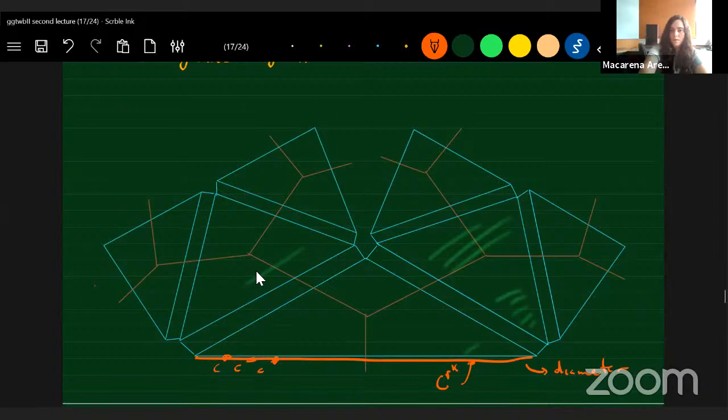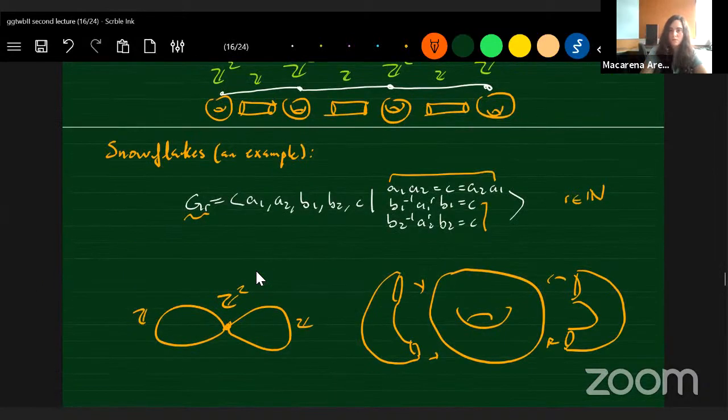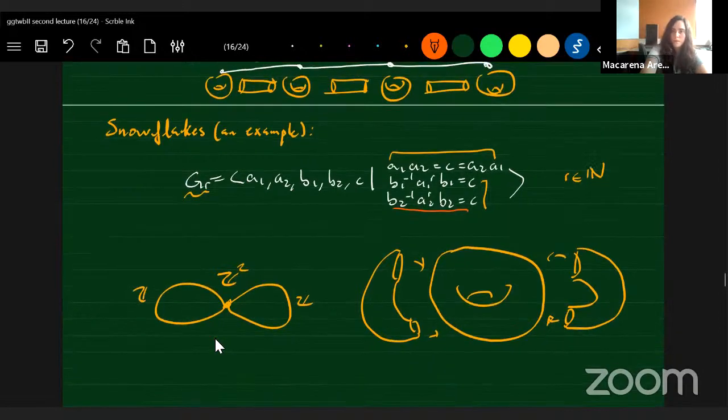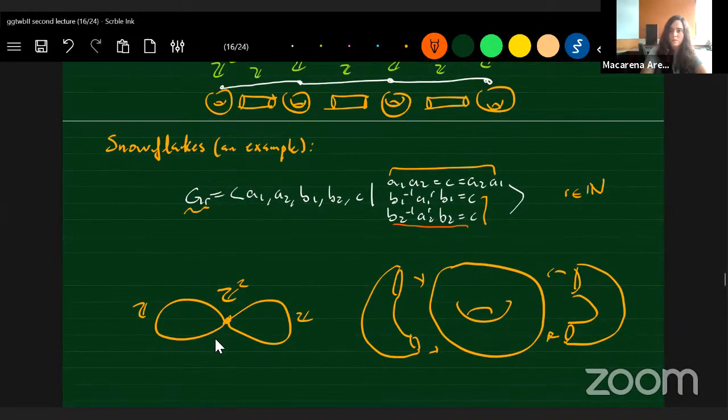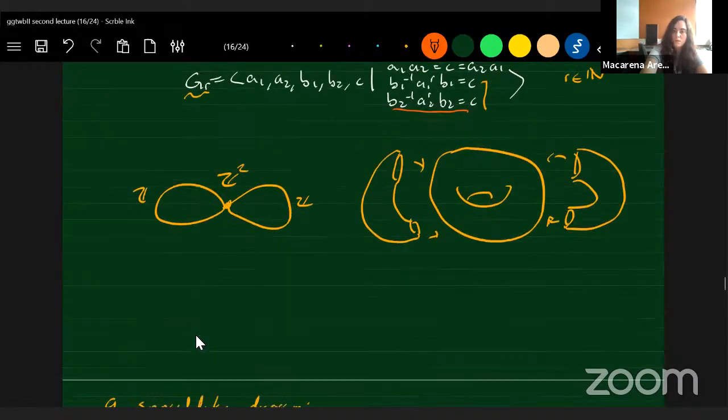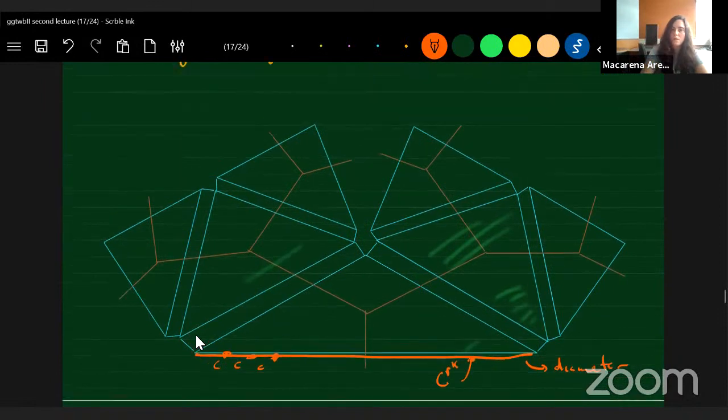And the relation we have here, this one, is the one that I want to take now. This relation tells us that the other two sides of the triangles are A1 to the R to the K and A2 to the R to the K.